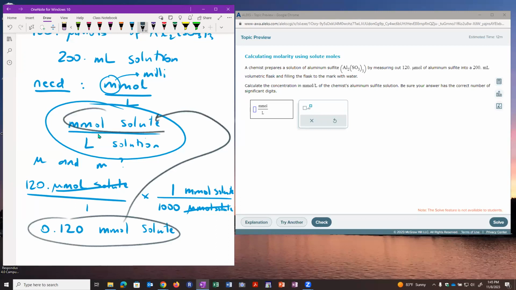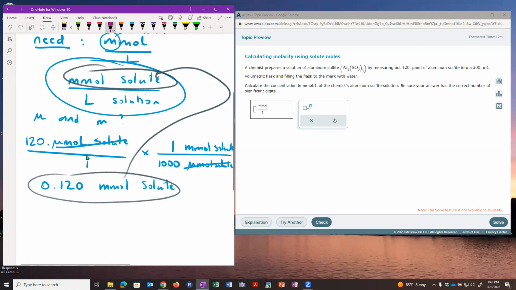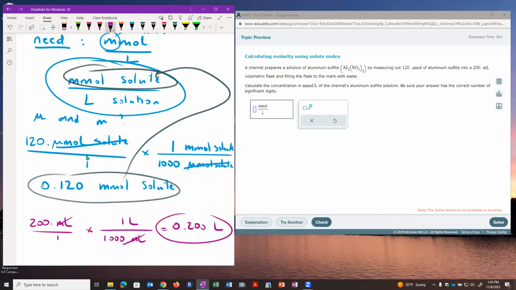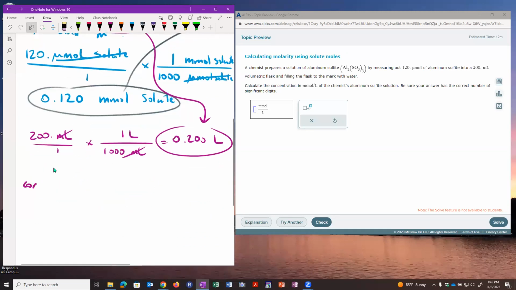That's the numerator that we just found. We still need the volume of the solution in liters. We were given the volume in milliliters, so that's another metric conversion. For every 1 liter, there's 1,000 milliliters. Milliliters goes away, so we end up with 0.200 liters. That's our liters of the solution. We can now divide those two to end up with the concentration units that this is specifically asking for.